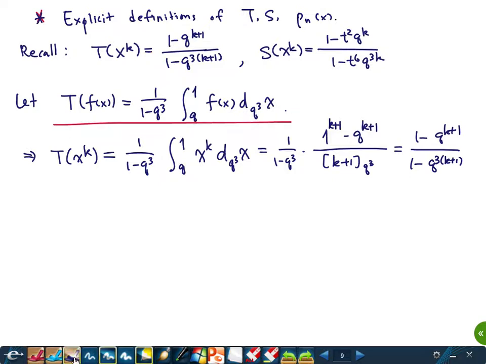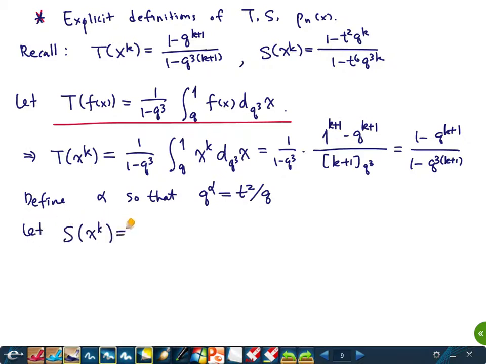What is S? Similarly, first we need to define alpha, so that alpha is a variable that satisfies this. Let's say alpha is like that. Then we define S. We need an explicit formula using an integral.